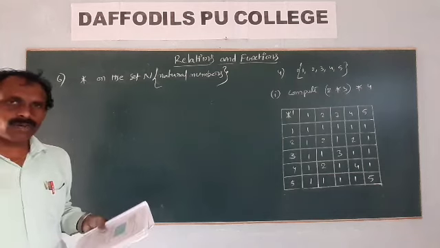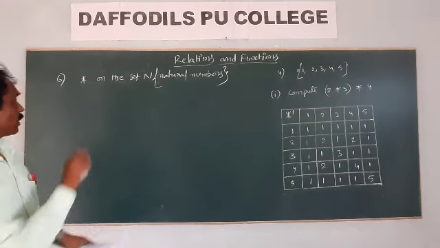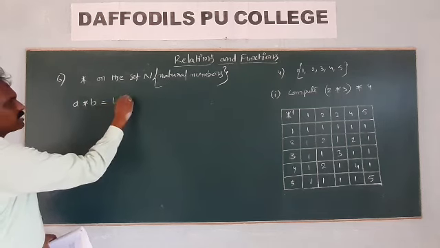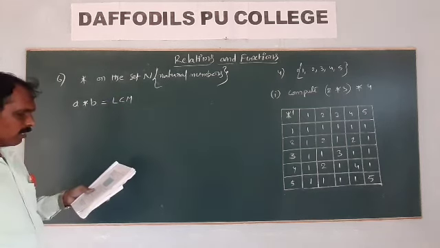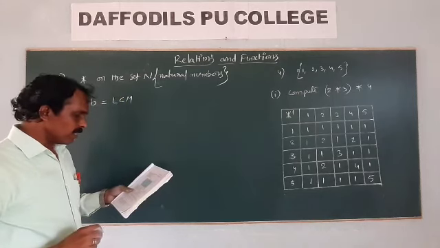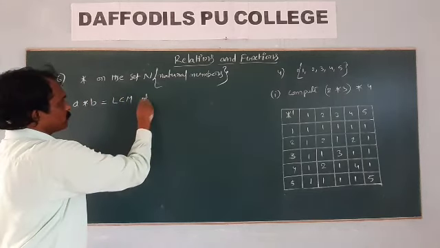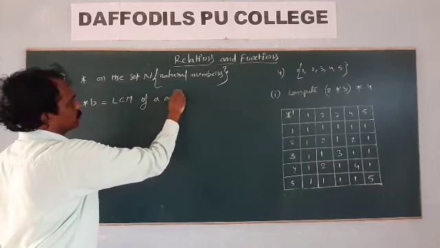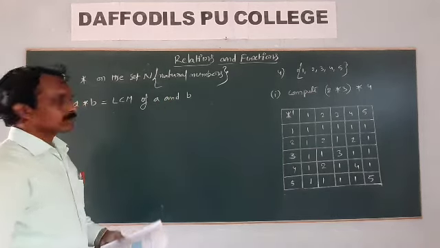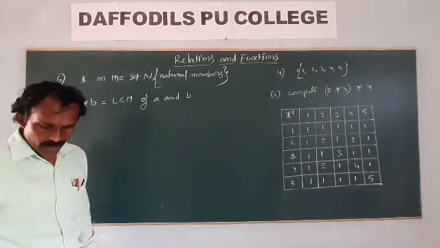Here, what is the star operation? LCM. A star B means LCM, least common multiple, of A and B.